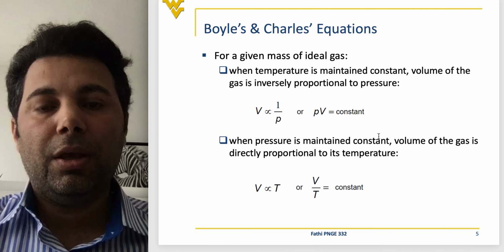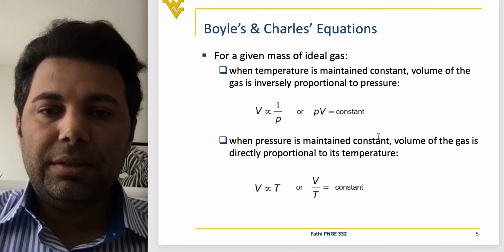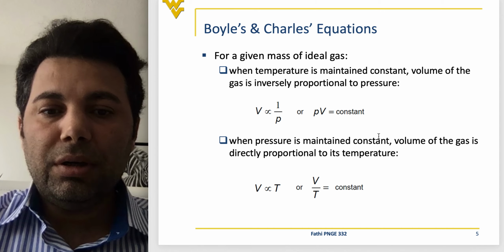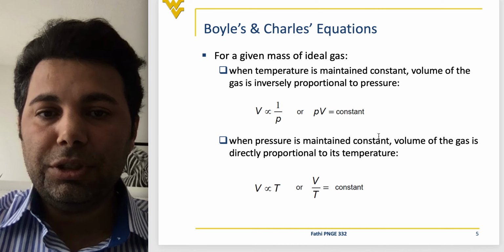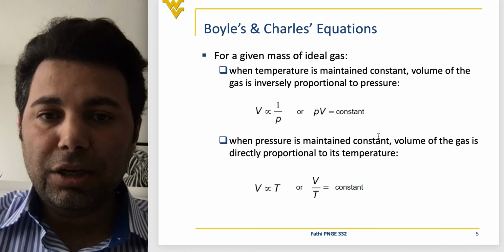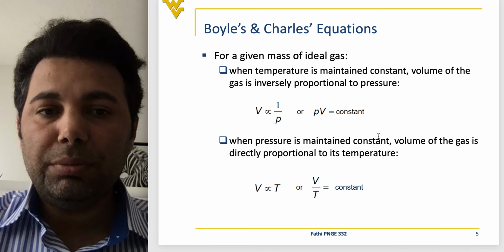Okay. So how do we come up with the equation of state? The Boyle's and Charles' equations describe the pressure-volume and volume-temperature relationships. When temperature is maintained constant, the volume of the gas is inversely proportional to the pressure.